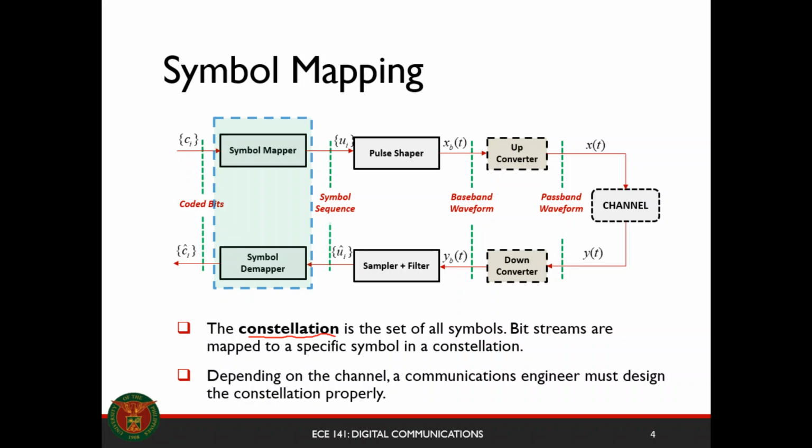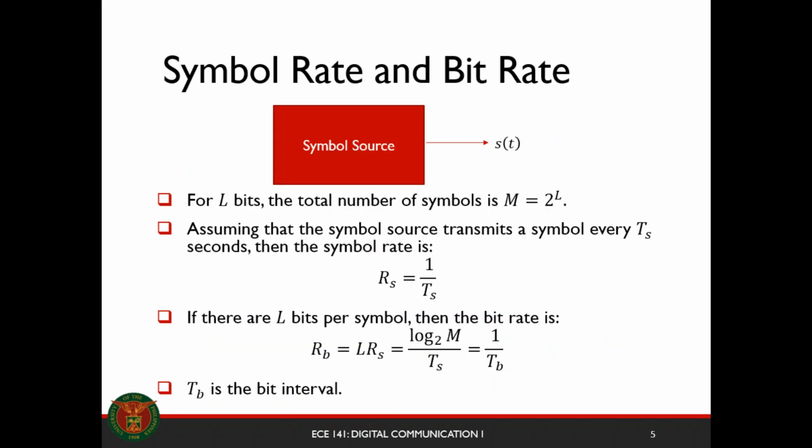Now it depends on the channel what type of constellation you will use. All right. Now let's look at the concept of symbol rate and bit rate. They're totally different things. For L bits, the total number of symbols, as I said earlier, is M equals 2 to the L.